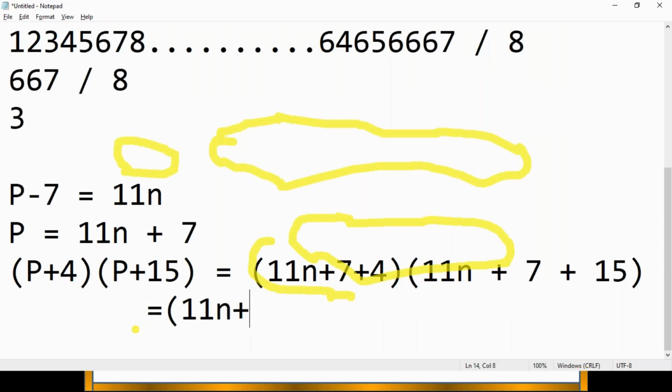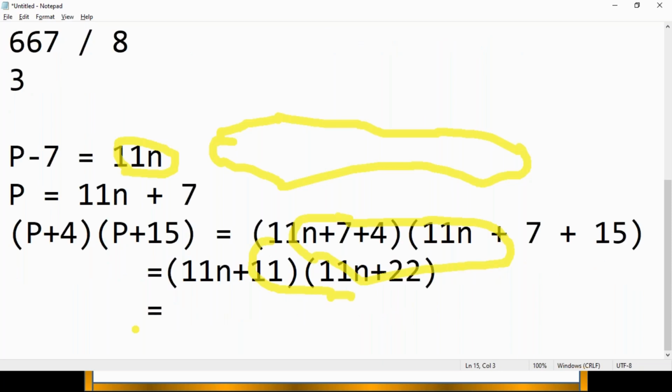(11n plus 11) into (11n plus 7 plus 15, that is 22). That is equal to, 11 is the common factor: 11 into n plus 1, into, here also 11 is the common factor, 11 into n plus 2.